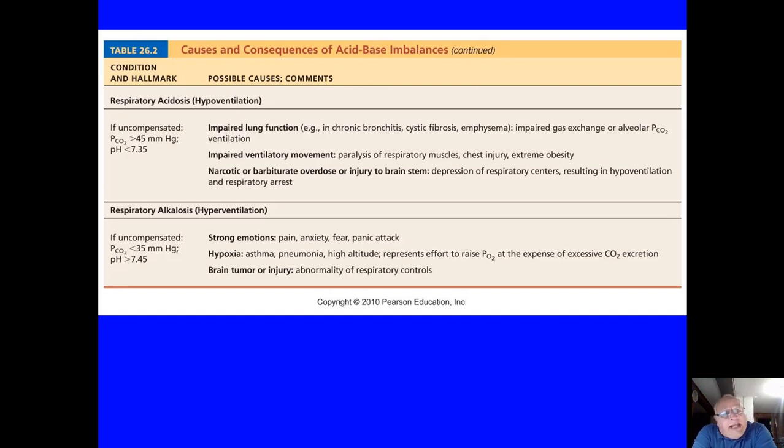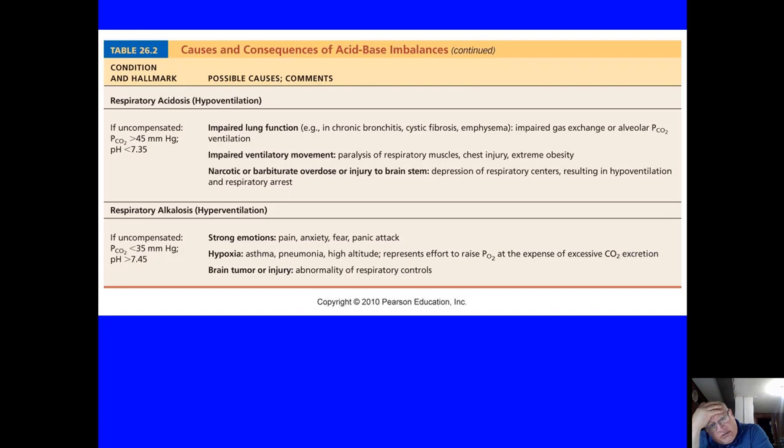Now, what about respiratory alkalosis? This is hyperventilation. This is where the pH rises above 7.45. The partial pressure of carbon dioxide, of course, decreases, so there's not as much carbon dioxide in the tissues, in the blood, etc. How can this happen?